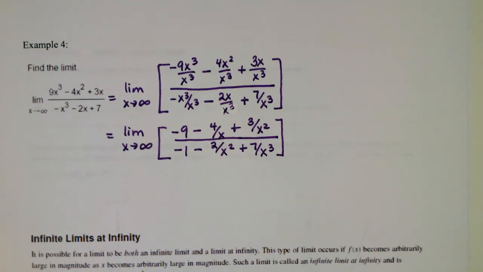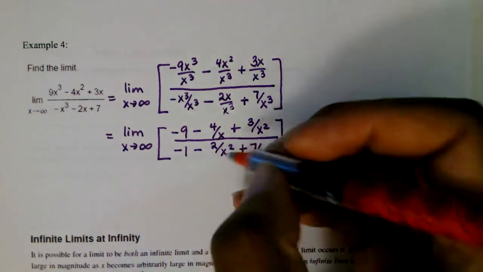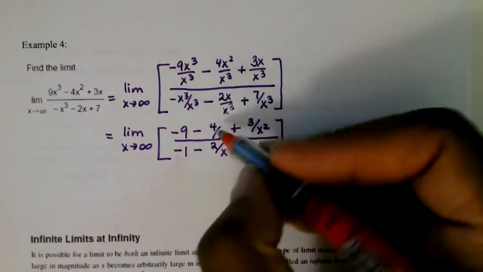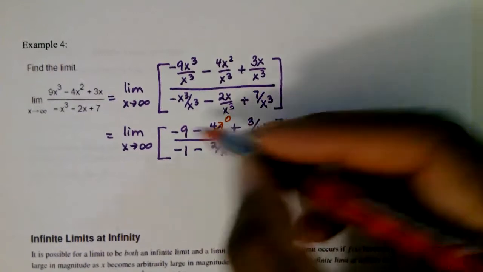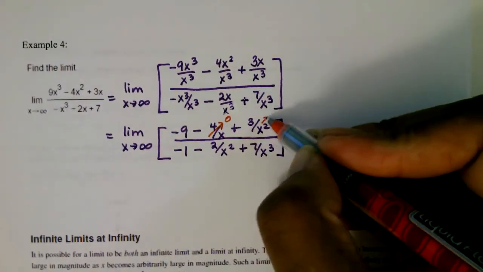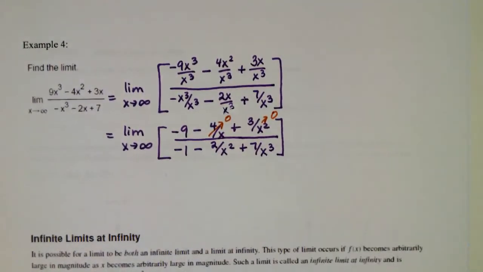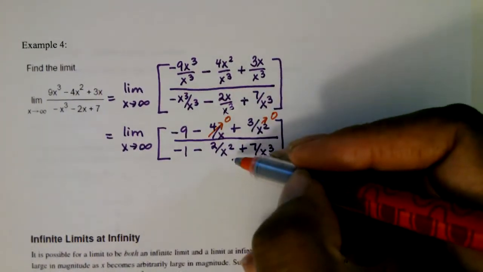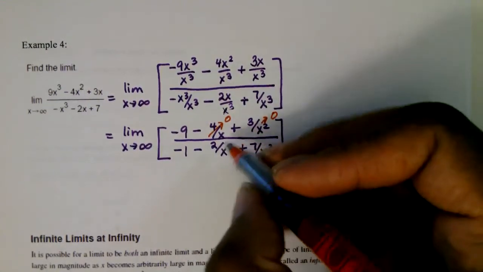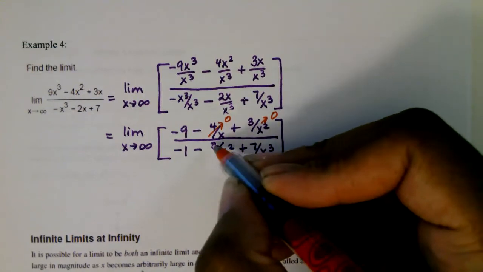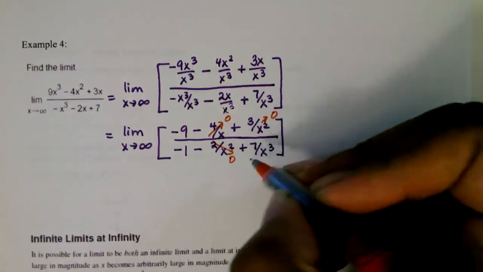Now, as we know, or should know, the limit of a constant will be a constant. Now, as x approaches infinity, 4 over x goes to 0. And as x approaches infinity, 3 over x squared also will go to 0. Now for the 2 over x squared, if I take the limit as x approaches infinity, its limit goes to 0.